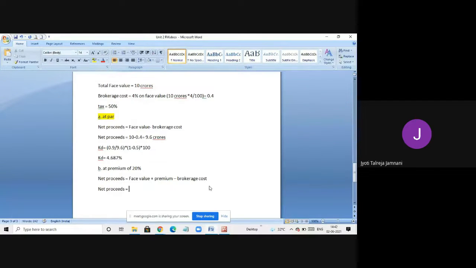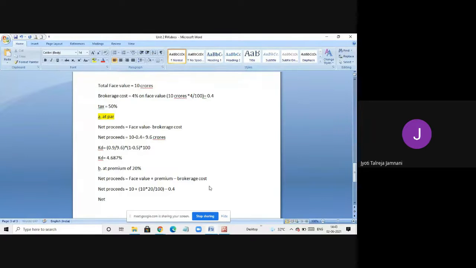Net proceeds is equal to face value 10 crores plus premium on 10 crores, 20% we have to calculate, minus brokerage cost, we have already calculated 0.4, which was 4% of 10 crores.